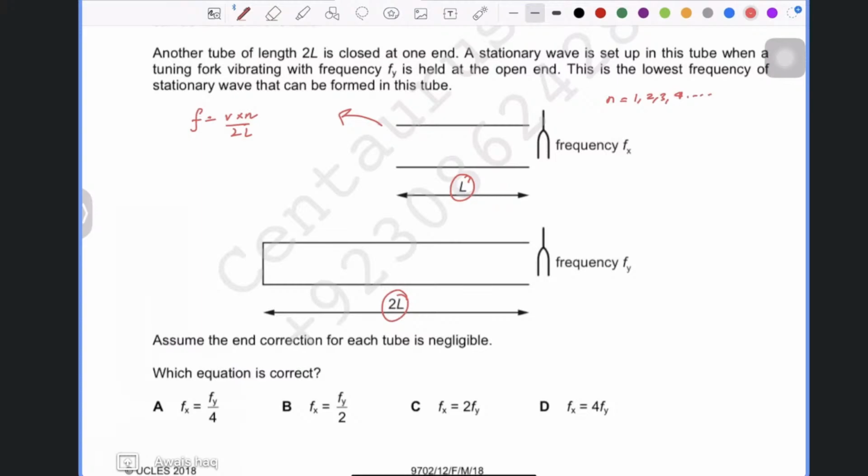Fundamental means the frequency here was fx when n is 1, and the length was 2L, so we get fx equals V upon 2L. In the next one, the fundamental is formed when n is 1 over 4L, so this is fy, and fy is equal to V upon 4L. Do you guys understand this at least?